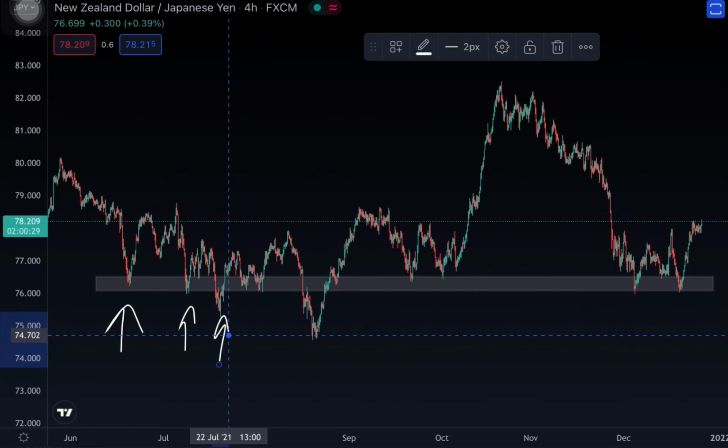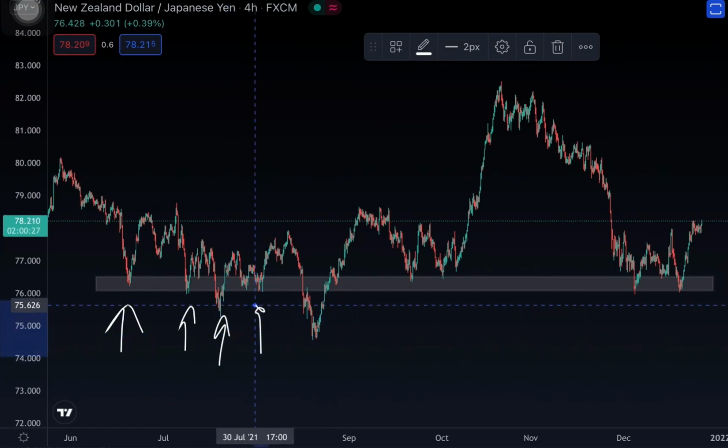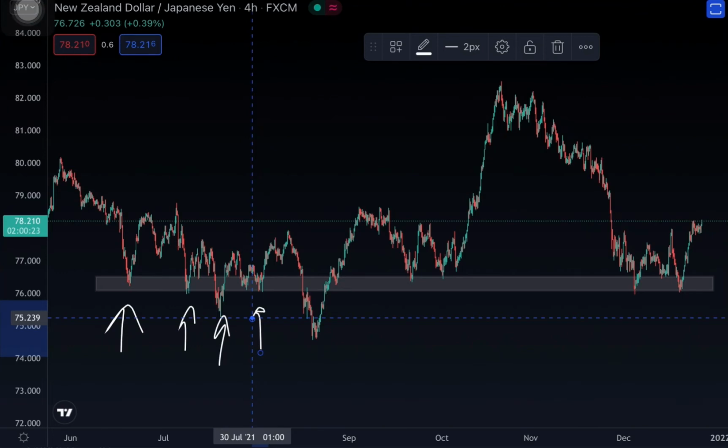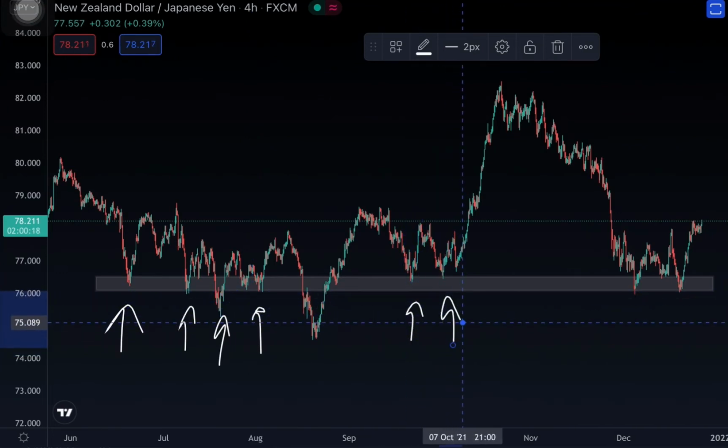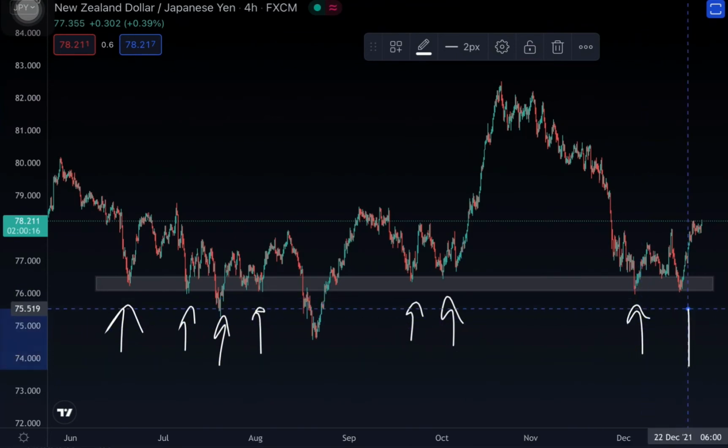So price had support in here and in here and in here and in here. As you see, price had a great support in this zone.